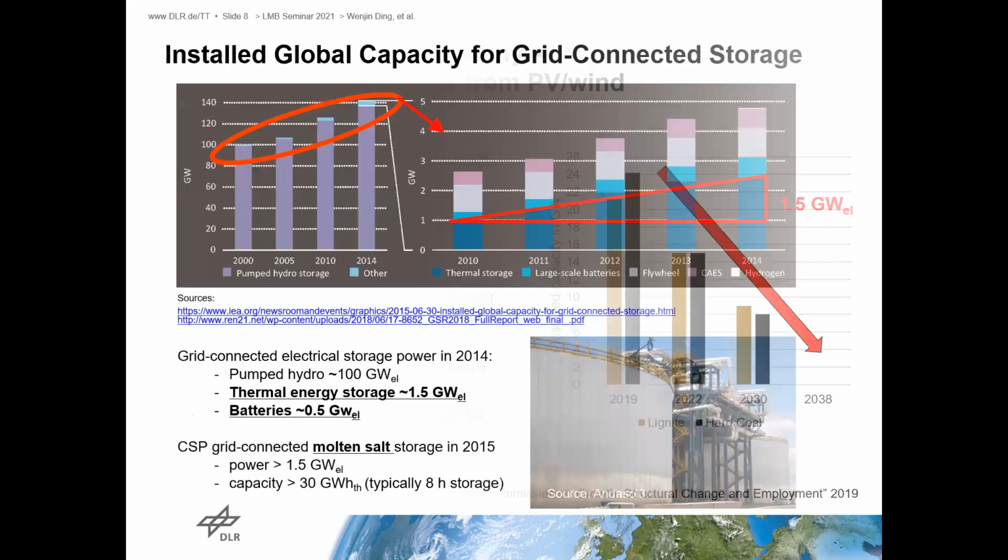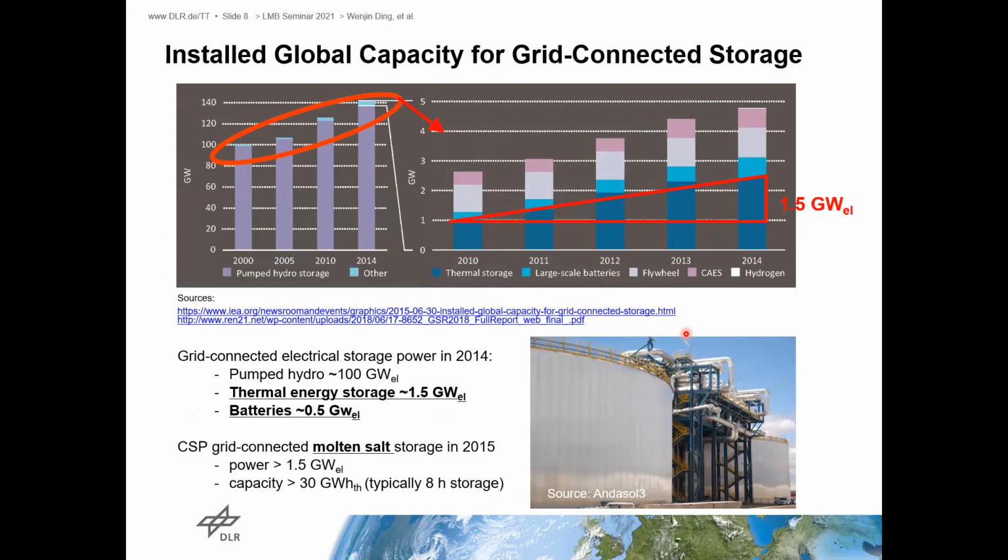Now in the world, for the global capacity of grid-connected storage, the main one is pumped hydro technology, more than 90%. The rest is mainly thermal energy storage and battery technology. The molten salt thermal energy storage technology has been used in CSP, and in 2015 it had already more than 30 gigawatt hours.